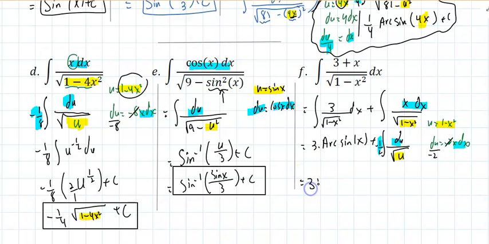So the answer is 3 arc sine of x minus 1/2. And we just did this problem right there. We know that's twice the square root of u. And we know what u is.